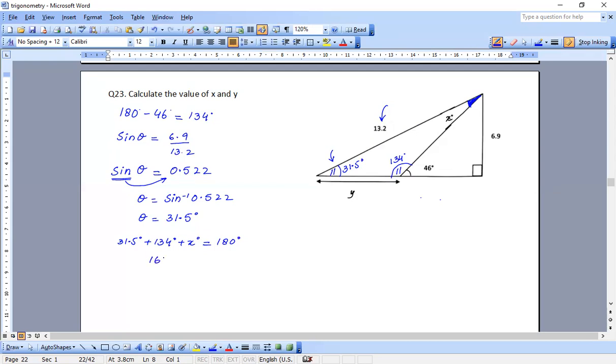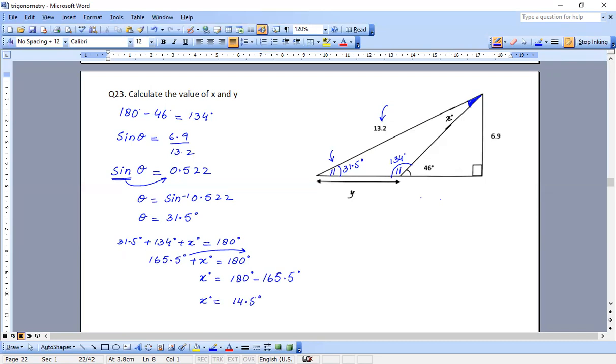This is going to be 165.5 degrees plus x is equal to 180. Now I'll remove this 165.5 from this side and move it to the other side. When it goes to the other side, it starts subtracting. So 180 minus 165.5. So the value of x is going to be 14.5 degrees. I've done the first part.